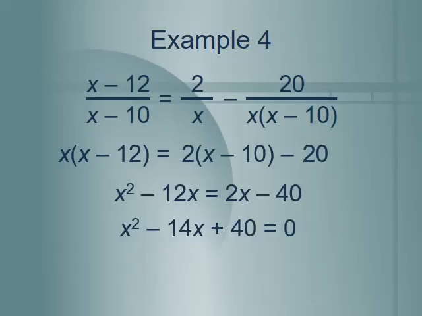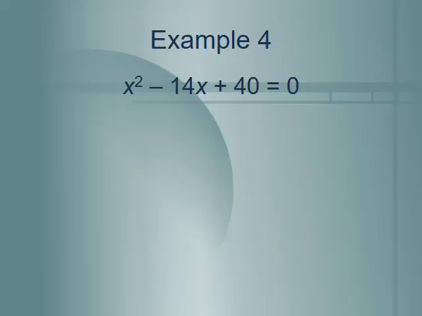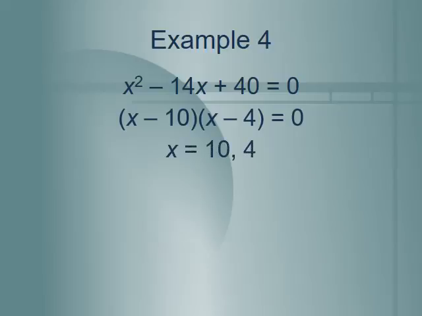We have a quadratic equation now. If we go ahead and put everything on the same side, because we have this x squared, it's easiest to solve this in a quadratic equation form. If we go ahead and factor that out, we get x minus 10 times x minus 4.